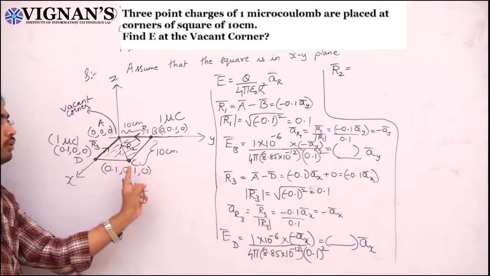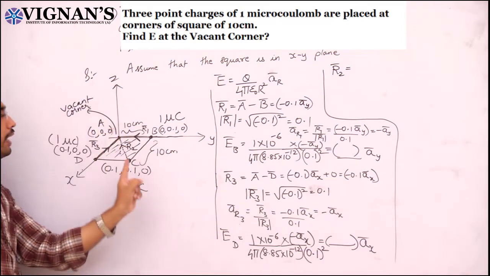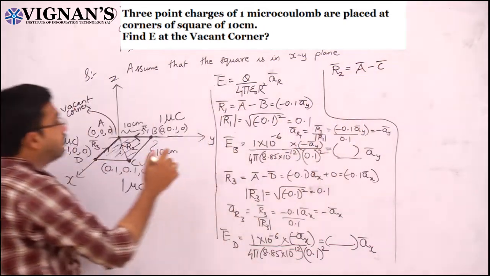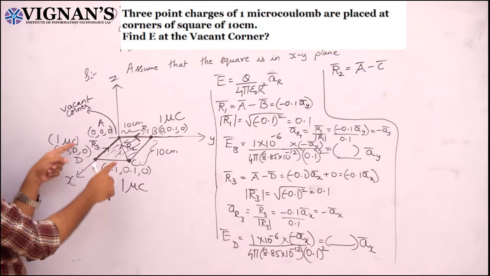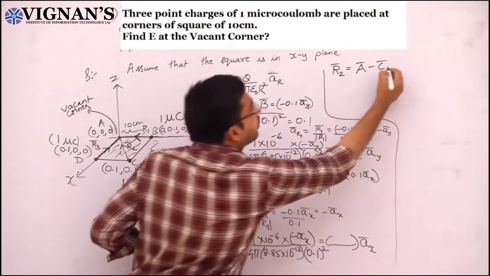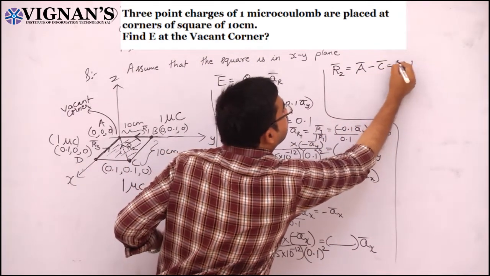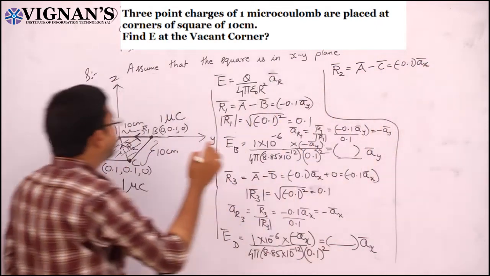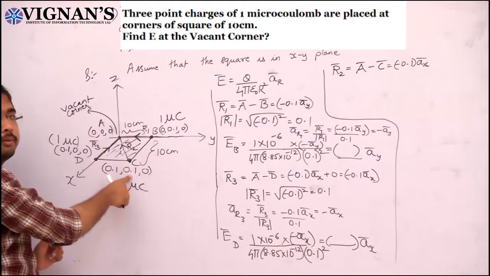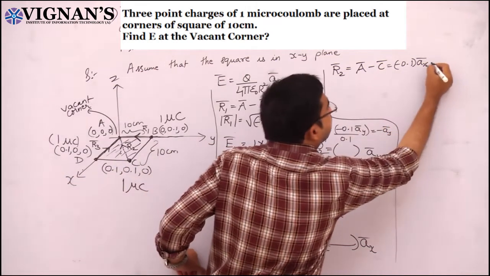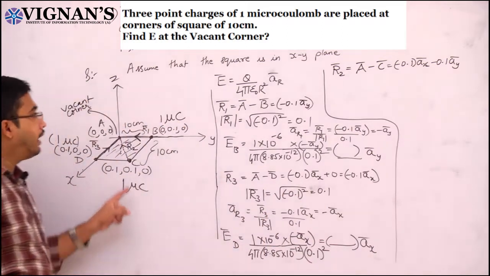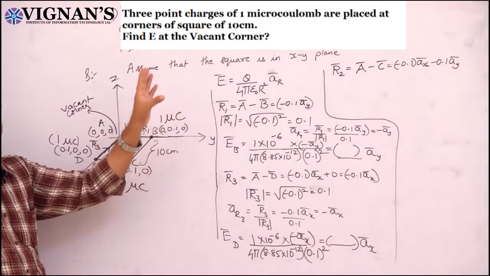The intensity is going towards A, so A minus C. A bar minus C bar. So subtract them. 0 minus 0.1 means minus 0.1 into AX bar. Next 0 minus 0.1 again minus 0.1 into AY bar. That's all. Next z coordinate is 0. We can leave like that.